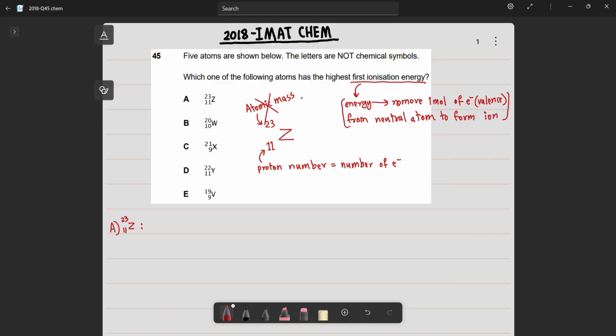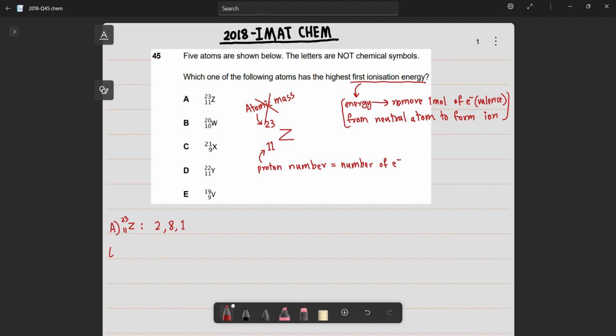So atomic mass has no influence on ionization energy whatsoever. Okay, so we'll go with option A first. Since it's 11 electrons, the configuration is 2, this is the innermost shell, 8, and then 1, which is the outermost, the valence electron. So it's 2, 8, 1.